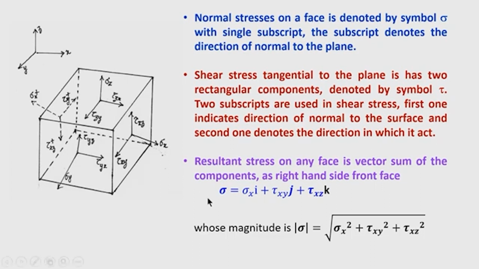So, vectorially I can write sigma equal to sigma x i plus tau xy j plus tau xz k, where i, j, k are the unit vectors along the respective Cartesian axes. The magnitude of the stress on this face is the resultant of these quantities, and this is nothing but root over sigma x square plus tau xy square plus tau xz square. So, the stresses can be expressed in vector form on any face or any plane.